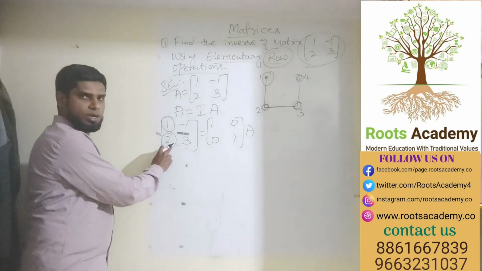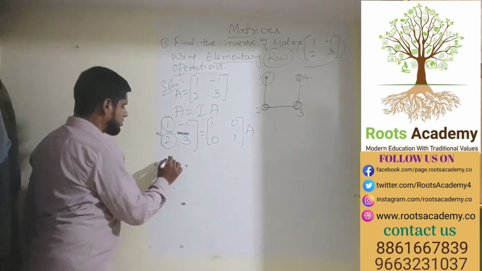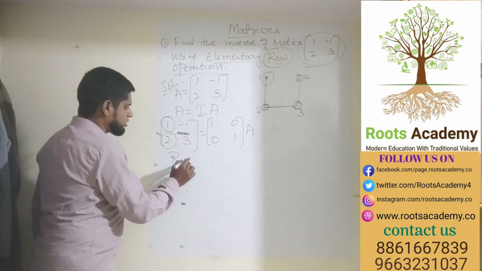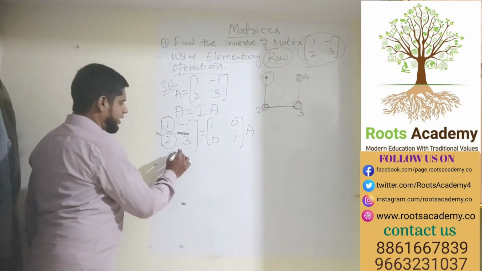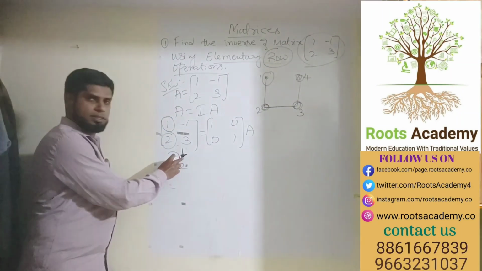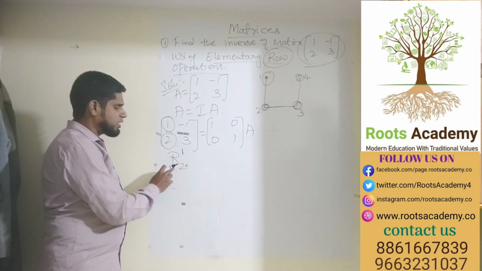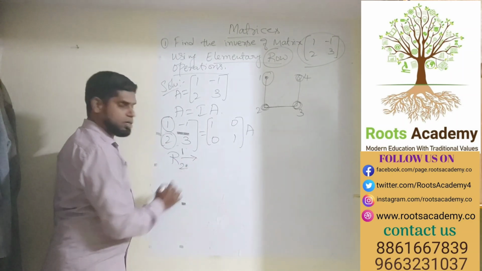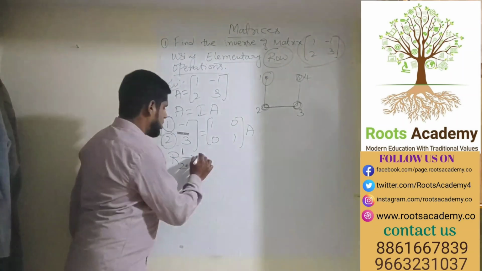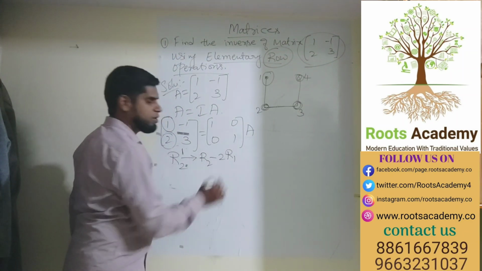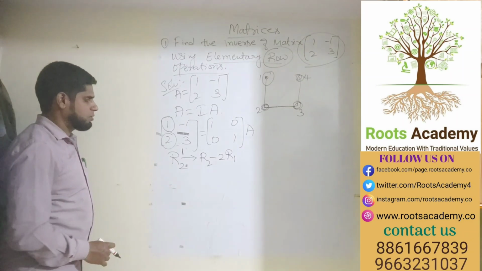So I am targeting only this. Since anyhow this is in R2, the second row, I will mention R2 dash. Student, why I am putting dash here is, dash represents I am changing R2. So how I am changing the second row: R2 dash is R2 minus 2 times R1.